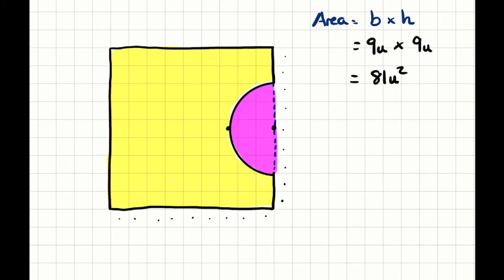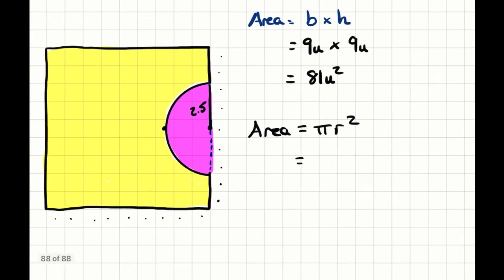The radius would have been 2.5. The area of a circle is pi r squared, so the area of that semicircle will be half of that: half pi r squared.